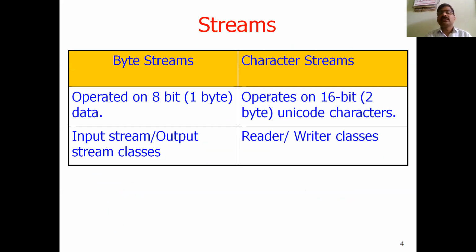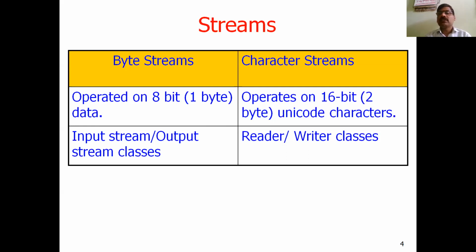Byte stream classes are used to perform reading and writing, or input and output operations, using raw bytes of data. That is, whatever you are inputting through the keyboard, each and every character will be read in terms of bytes.